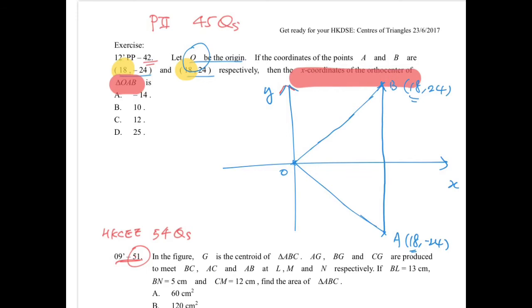Now to study the question about the orthocenter. What special lines does it talk about? It's about the altitudes. So you have to find the three altitudes in order to figure out where the orthocenter is.